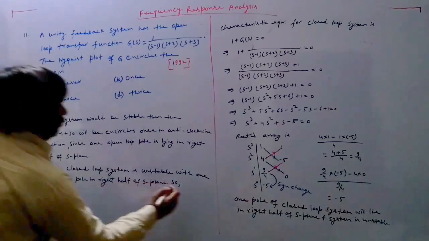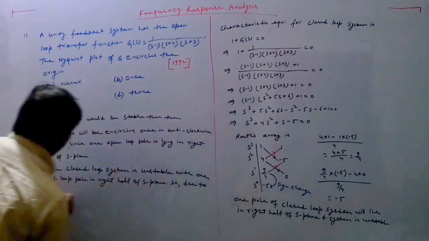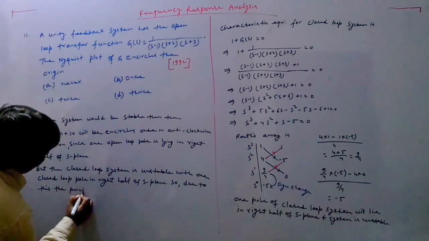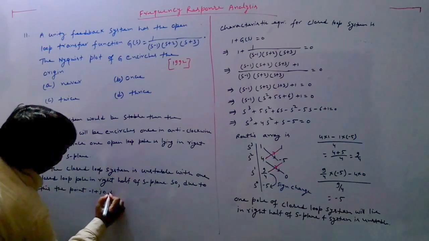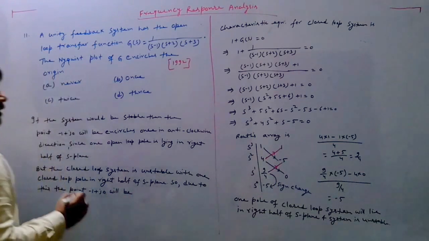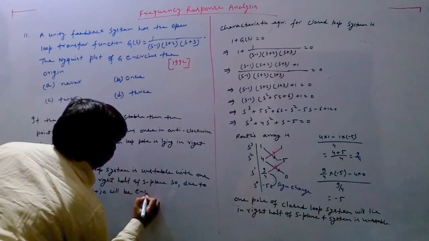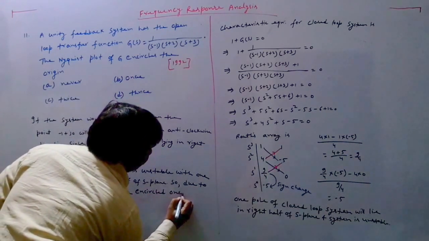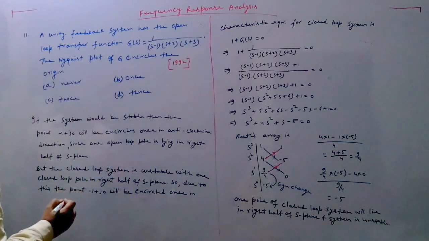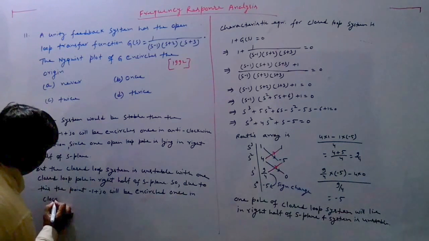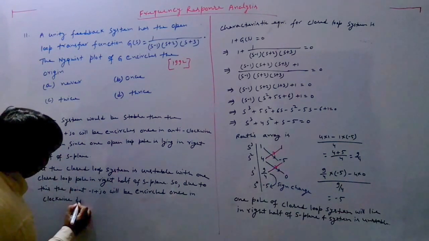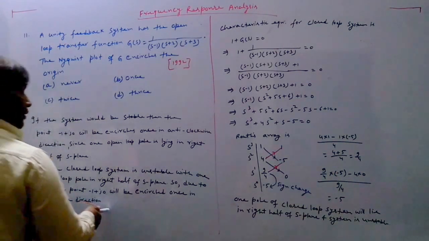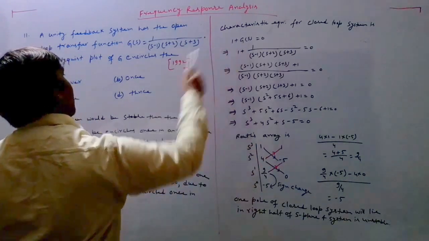So due to this, the point -1 plus j0 will be encircled once in clockwise direction, since the pole of the closed loop system is nothing but the zero of the characteristic equation.